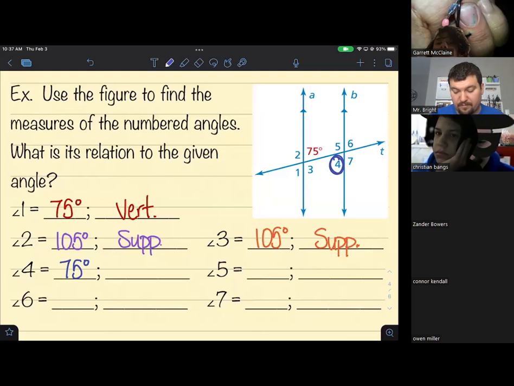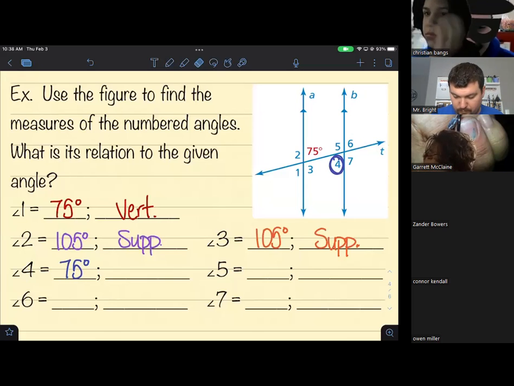They're not vertical because vertical ones are on opposite sides of an intersection. The only one that's vertical to the 75-degree angle is the one that Alex gave us for angle 1. So not vertical. Alternate exterior. Not alternate exterior because they're inside. Alternate interior. There it is, alternate interior.